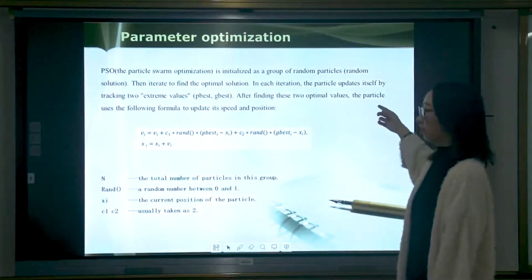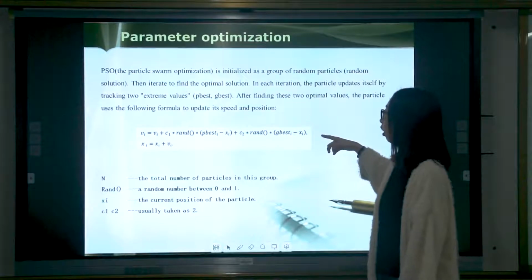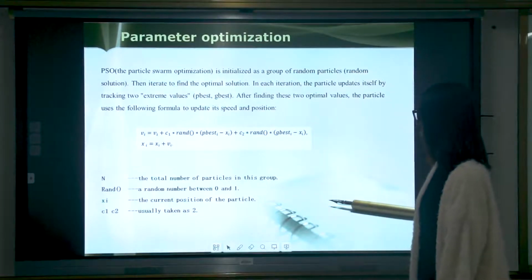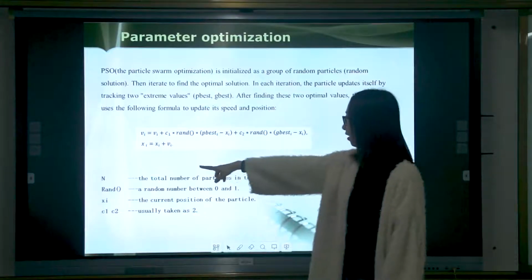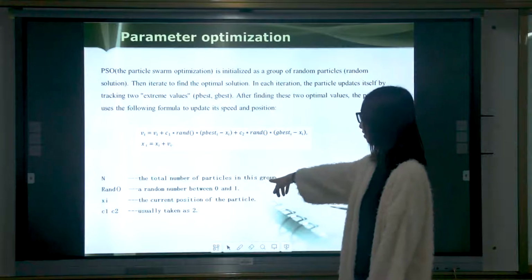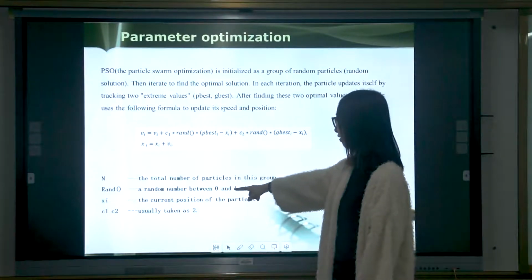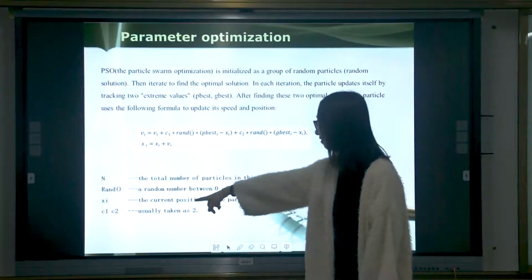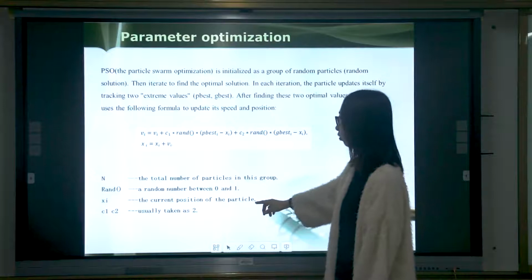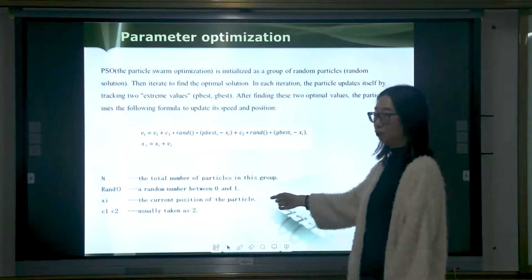In this algorithm, we can use these two equations to optimize parameters. You can see n is the total number of particles in this group, rand is a random number between 0 and 1, x_i is the current position of the particle, and c1 and c2 we usually take as 2.